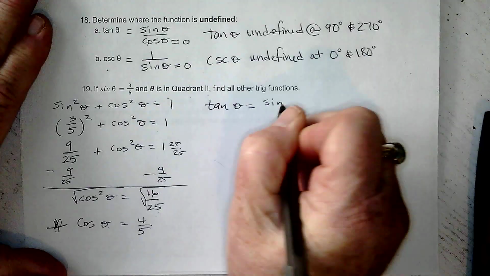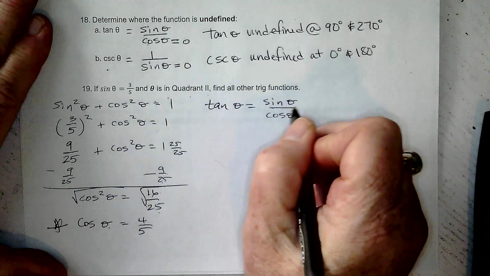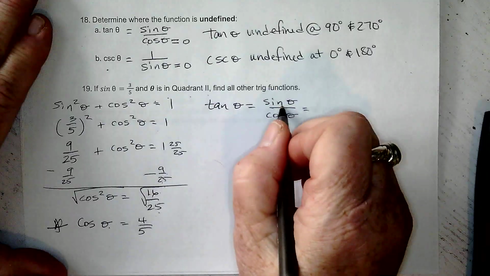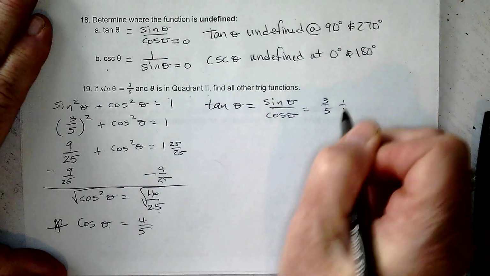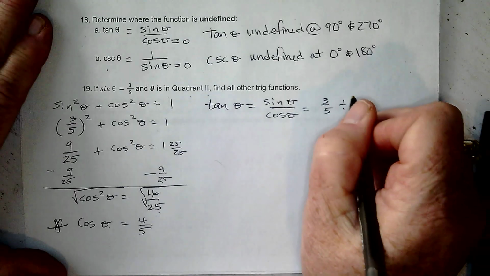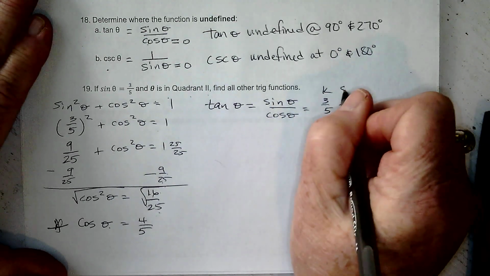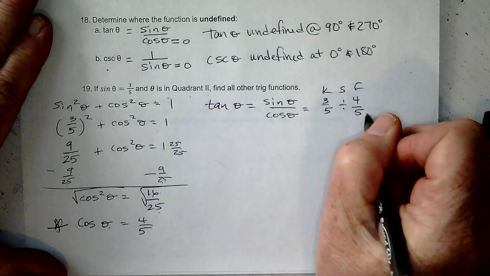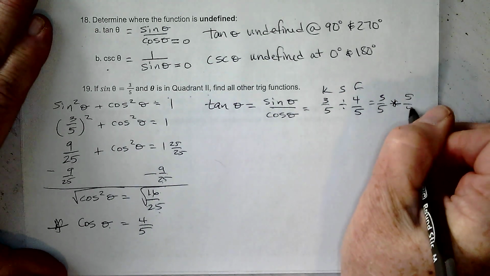Then I'm going to come over and do my tangent. Tangent is sine of theta over cosine of theta. And my sine of theta is 3/5. I'm going to divide that by my cosine 4/5. And then I have to do my keep, switch, take the reciprocal, flip it. 3/5 times 5/4.